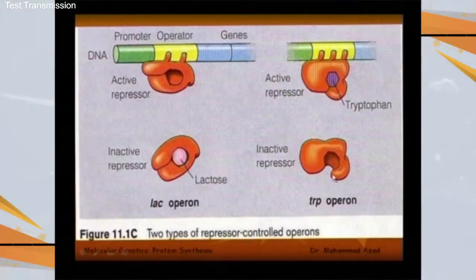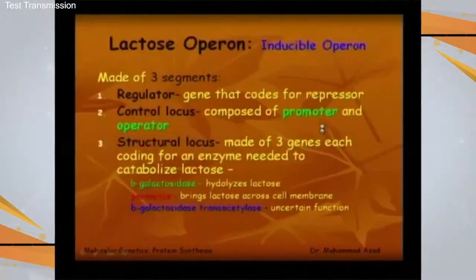Once tryptophan binds at this place, it causes the active repressor, and this gene is repressed. So this is one of the inducible operons, and this is one of the repressible operons.